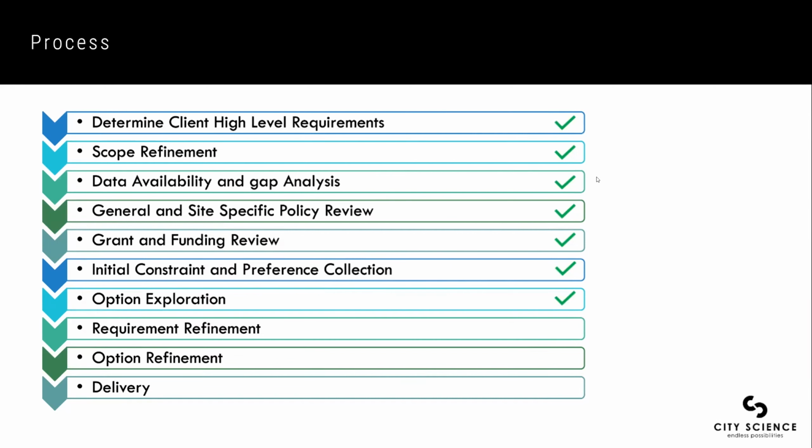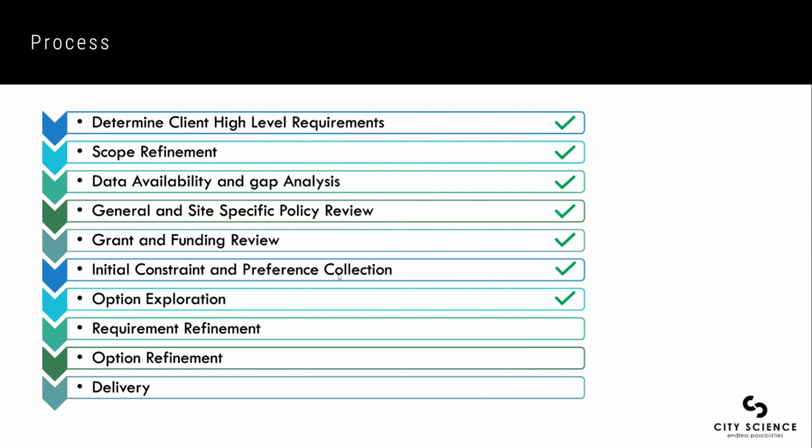This can provide basically a go, no go, depending on what data they've collected as part of their network operation. Then a general and site-specific policy review, which lets us understand what their key objectives are as a local authority, as well as those that are particular to the site. And a grant and funding review to see what grants and funding are available for that particular site.